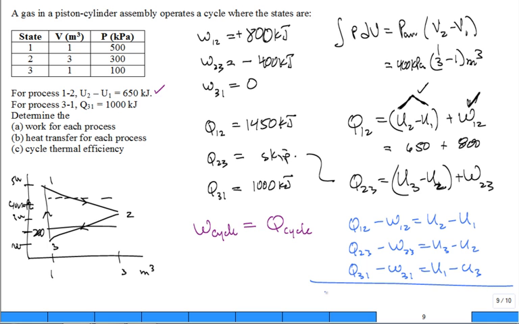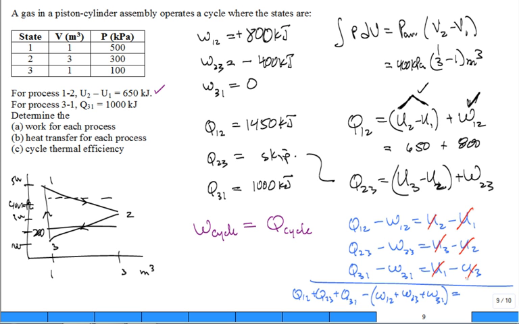Sum them up. So what do we get on the bottom down here? We get Q1 to 2 plus Q2 to 3 plus Q3 to 1. We also get minus work 1 to 2 plus work 2 to 3 plus work 3 to 1. And then over here, that U1 and that U1 cancel. That U2 and that U2 cancel.